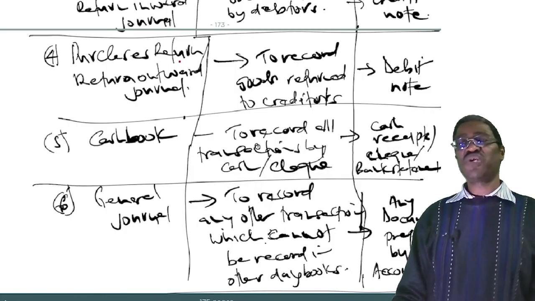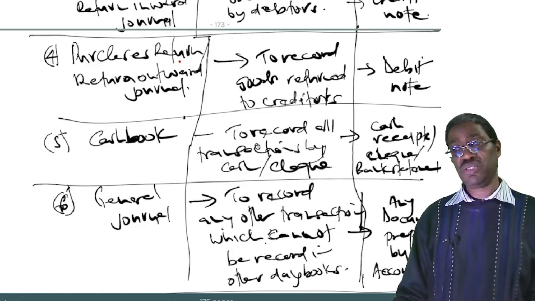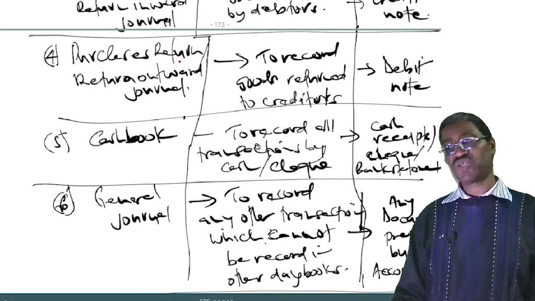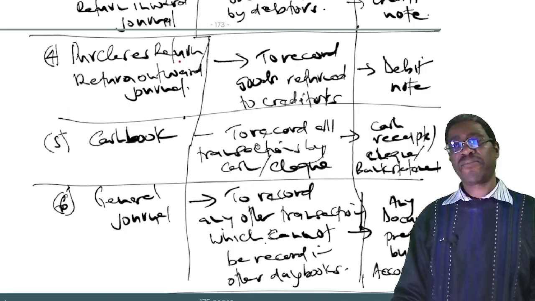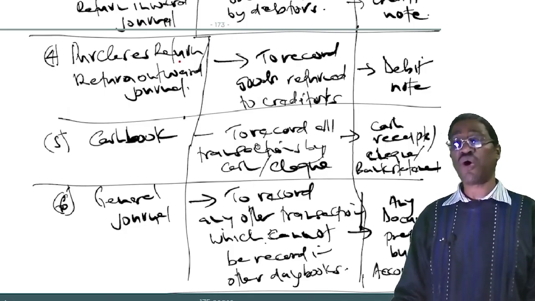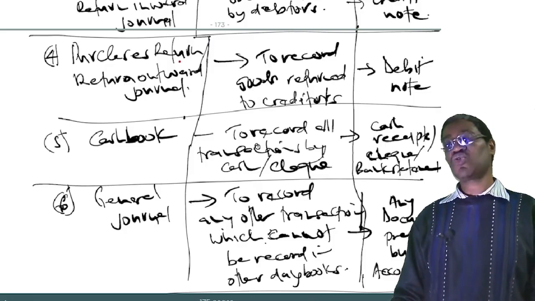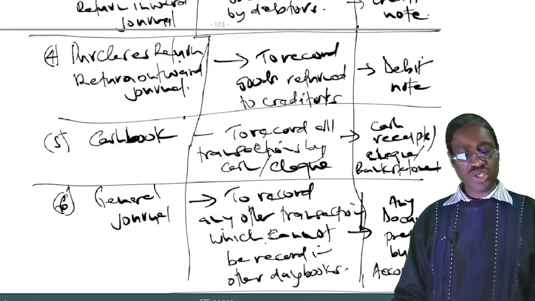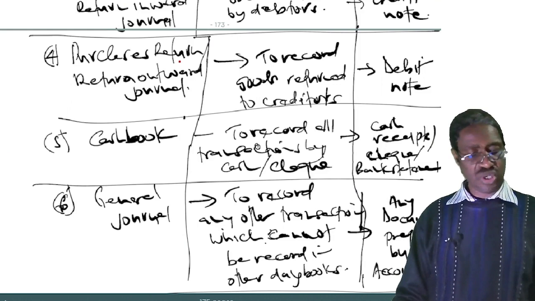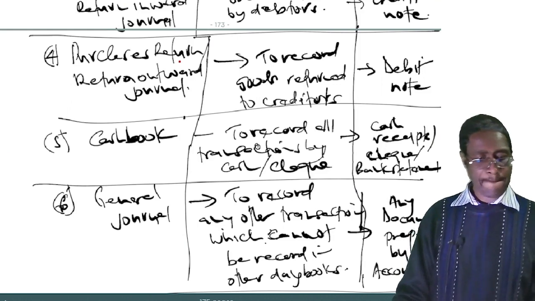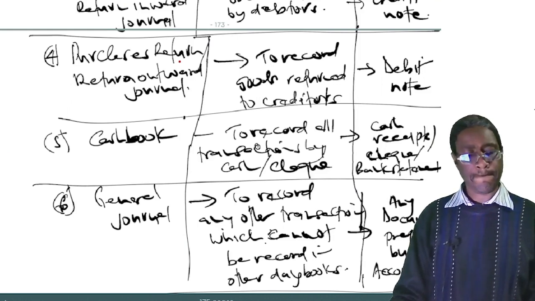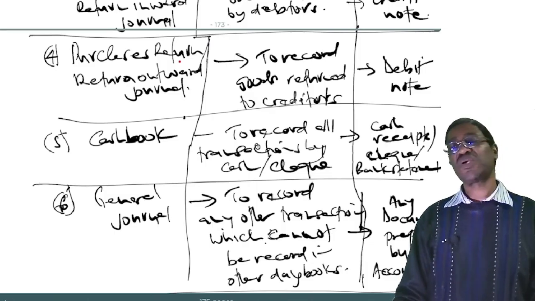Number 5 is what we are calling the cash book. Then you have the column to record all transactions by cash or cheque. Good.